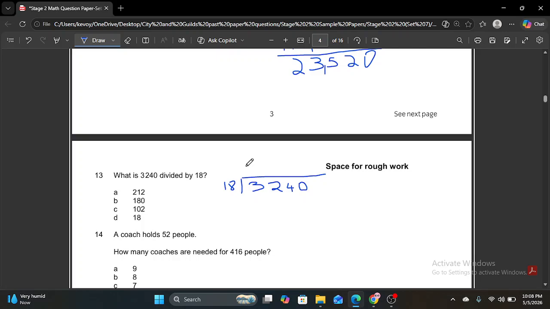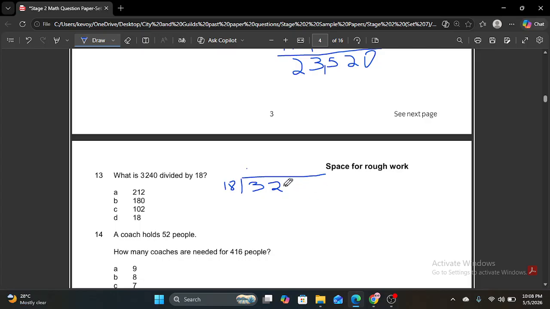Okay, jokes aside. 32 divided by 18 will be equal to 1. Let me just quickly fix this right here. 18 into 3 you can't, so let's just do it a little bit better for you.